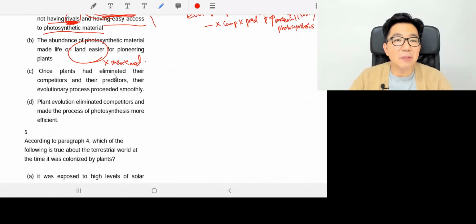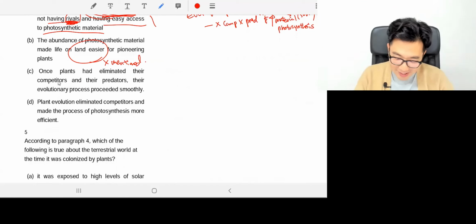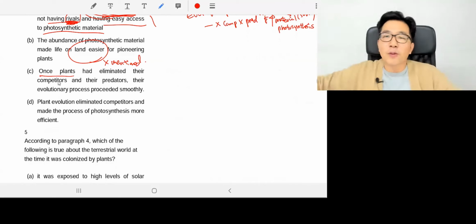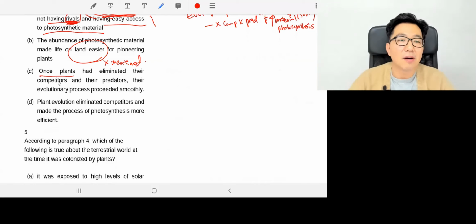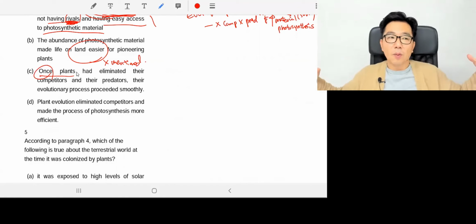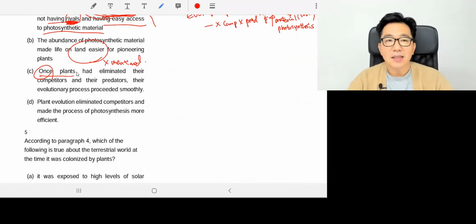C, once plants had eliminated their competitors and their predators were ready for them. So once plants went onto the land from their seaweed status, they killed all the competitors?